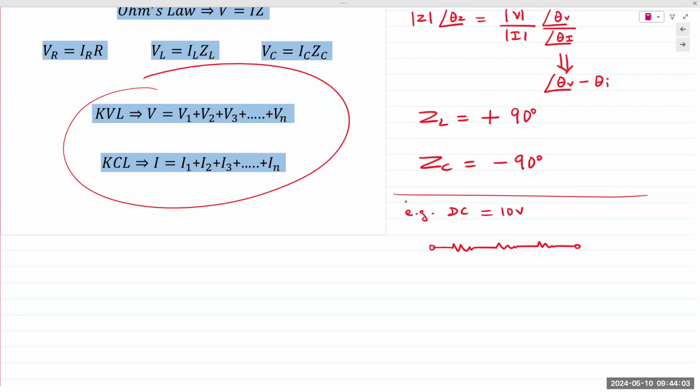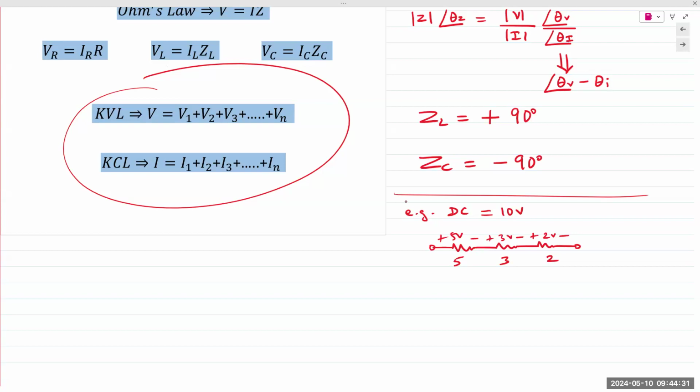Let's say this is 5, this is 3, and this is 2 ohms. 10 volts being applied to 10 ohms. Straight up, you have plus 5 volts, plus 3 volts, and plus 2 volts, right? 5, 3, and 2.